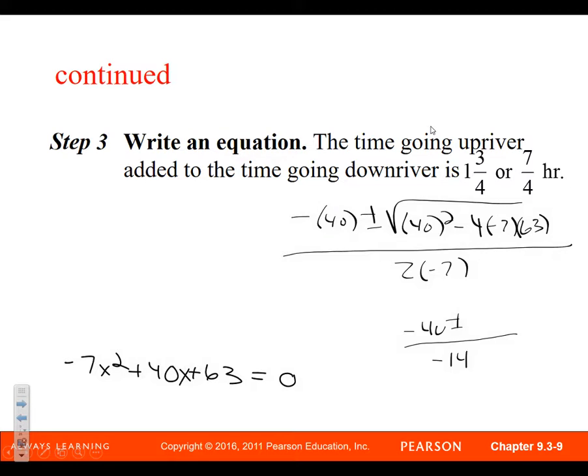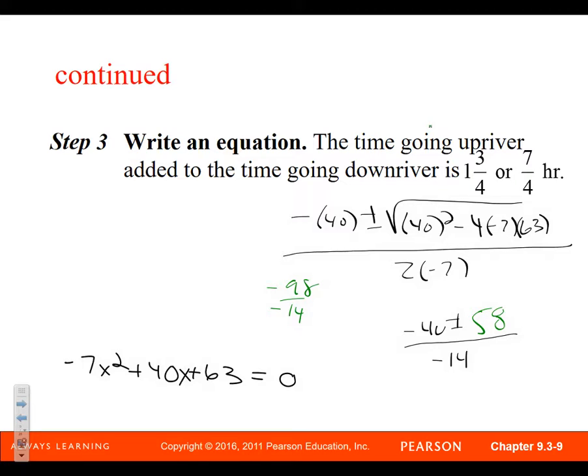3364. Is there a square root of 3364? Yep, it's 58. So, negative 40 minus 58. That's going to give me what? Negative 98, divided by negative 14. So that's going to make me a positive, which seems like the reasonable answer.